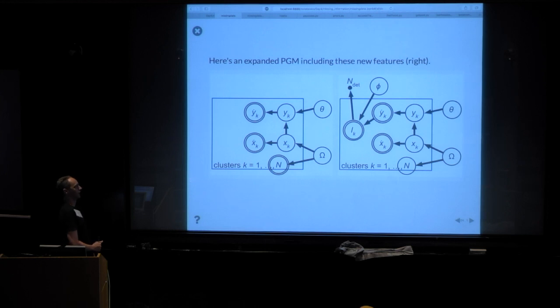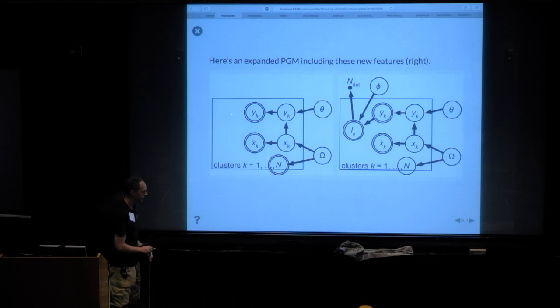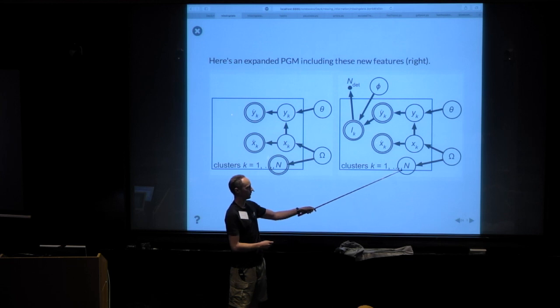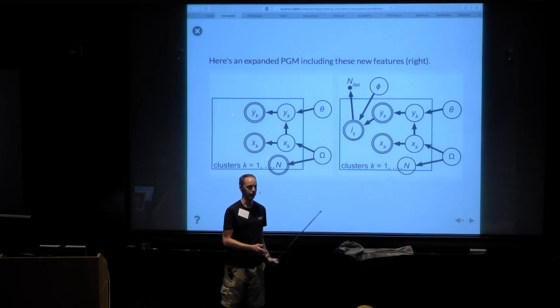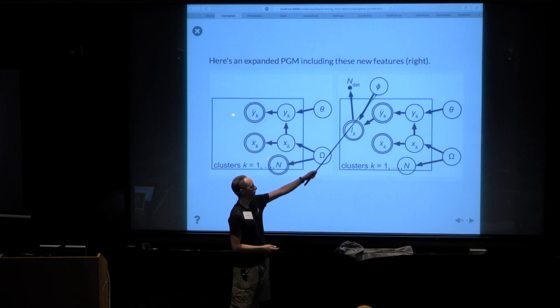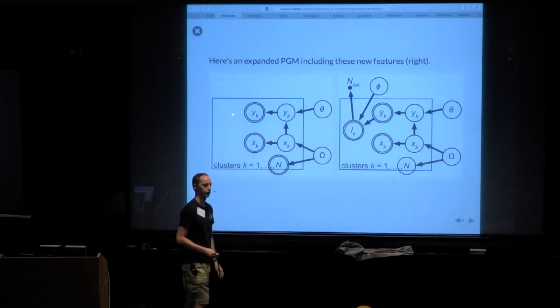Okay, so here on the right-hand side is a new PGM, and the left-hand side is the old PGM. So what's different? One difference is that the total number of thingies in the universe is now in a single circle because it's not data, we don't observe it, but it's still a parameter. That's relatively straightforward. We've just added these detection-related parameters phi in case they exist.